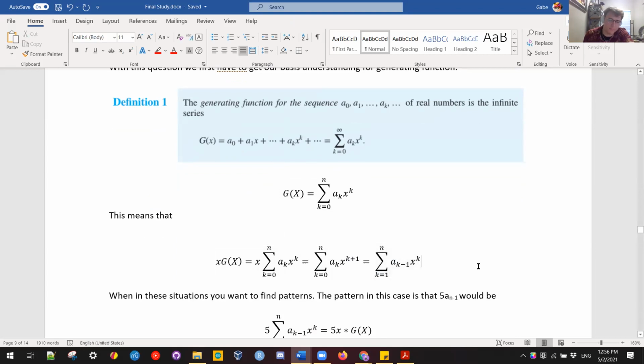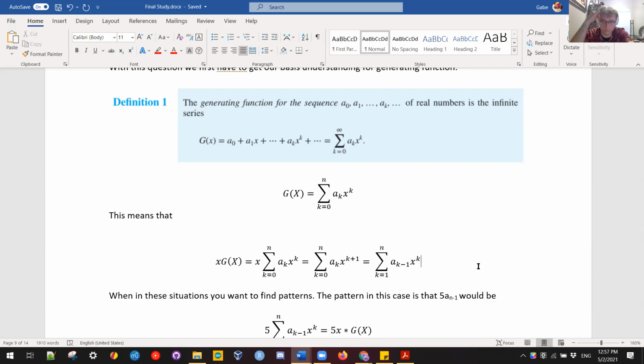I mean, there's not a whole lot that I super understand with this. Since everything you're dealing with is k's, when you multiply in that extra x, you make the x exponent k plus 1, because it's just x times x to the k. Then when you shift the summation up 1 on the k, you move all of the k plus 1s back, and therefore the k's also have to move back to k minus 1.